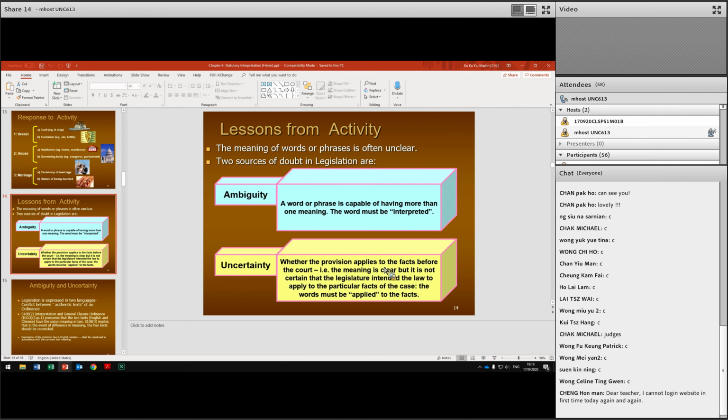Uncertainty means whether the provision applies to the facts before the court. The meaning is quite clear, but we do not know whether this regulation can be applied in this situation. It is not certain that the legislature intended the law to apply to the particular facts of the case. The word must be applied to the facts. So application is something most important, as you know from studying contract law.